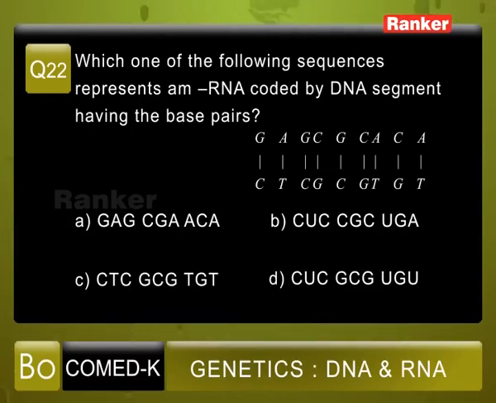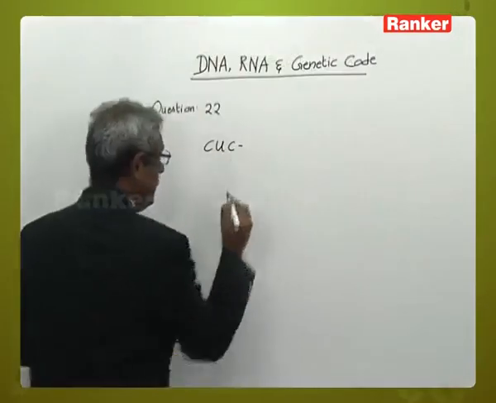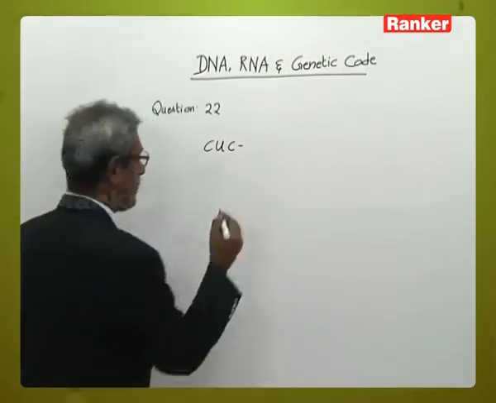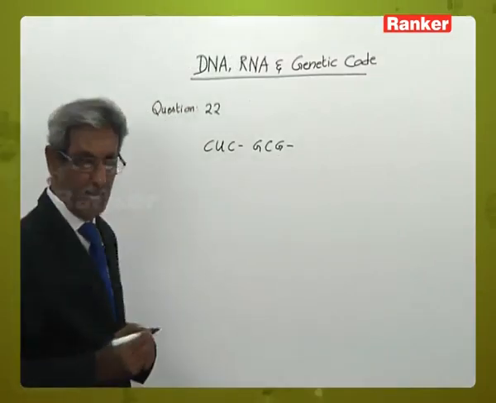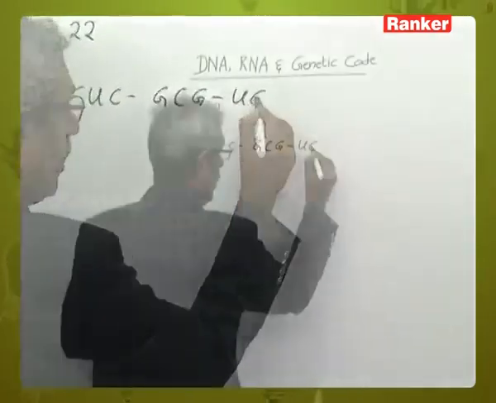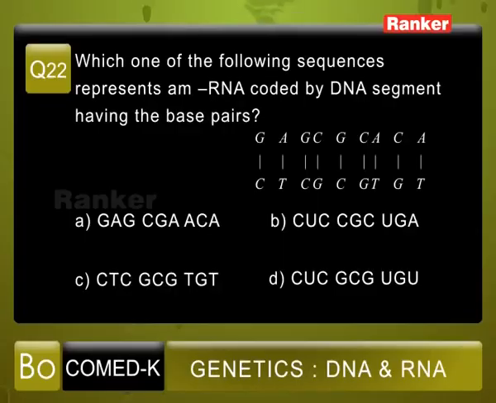When you look at the pattern, if it's starting with G, the option should always be C, so it should either be C or U. Given the options, we have CUC, CUC, GC and G, GC and G, and UG, U. Hence, the answer is D.